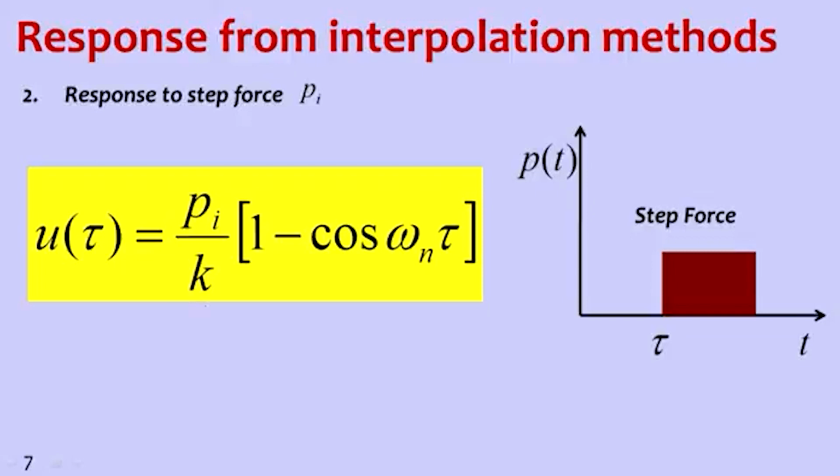You may refer to that lecture for the derivation part of this one. So pi, that is force at i by k, will give the static response. 1 minus cos omega tau, as this force is suddenly applied, will give the dynamic component, and this is the static component. When force is applied suddenly, amplitude will usually be double. So this is the response due to step force.